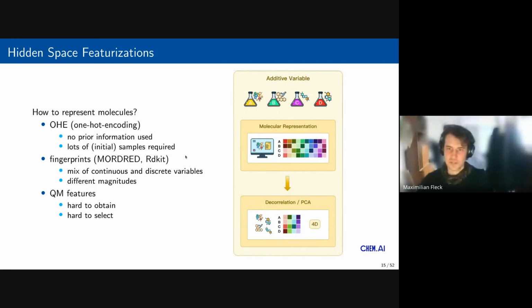An alternative to that are fingerprints. I think I already mentioned them, for example Mordred or RDKit. They are usually a mix of continuous and discrete variables. And those variables sometimes have different magnitudes or are normalized in different ways and so on and so forth, so they are relatively messy.